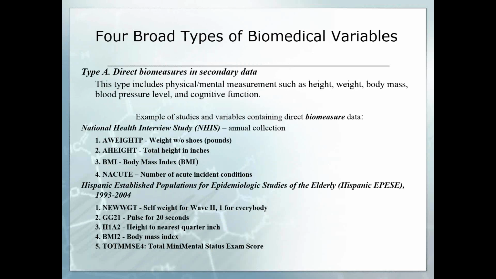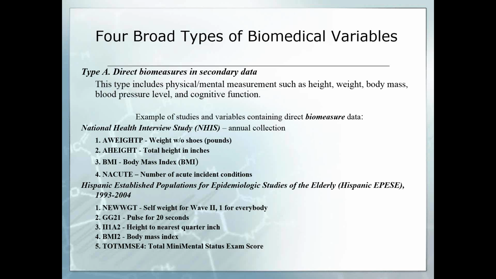If we look at biomeasures within the ICPSR collections, we have many examples of this. The National Health Interview Survey, for example, which is an annual repeat measure cross-sectional study done by the National Center for Health Statistics. They routinely collect a number of biomeasures: height, weight, BMI, the number of acute incidents.